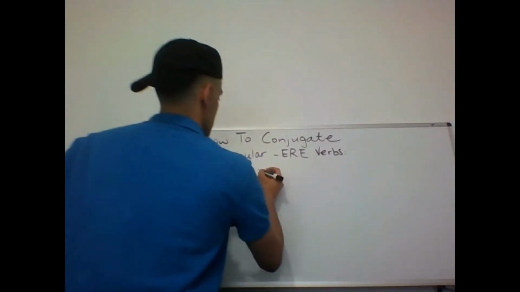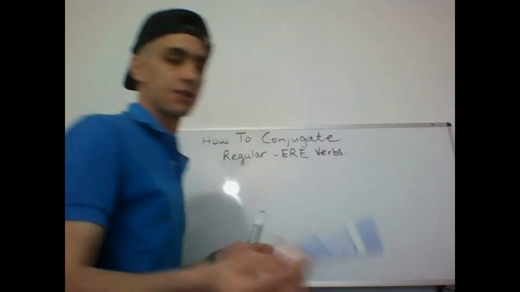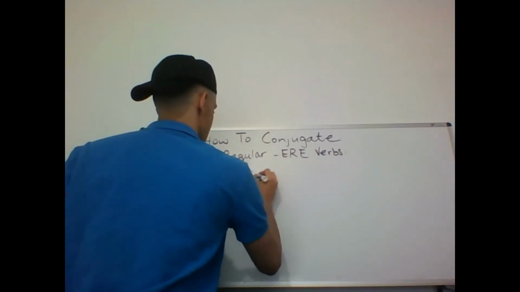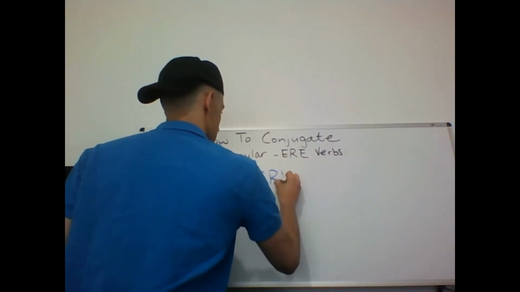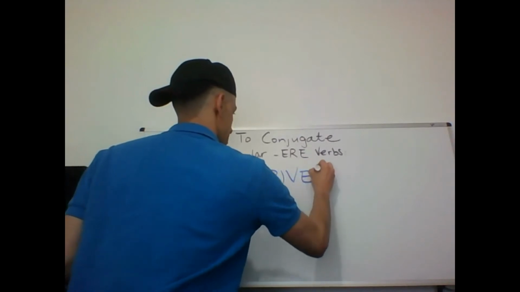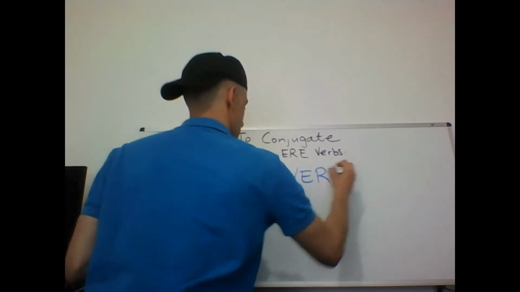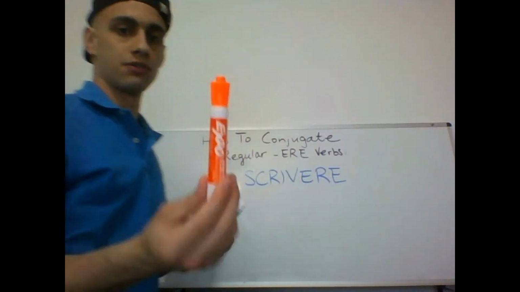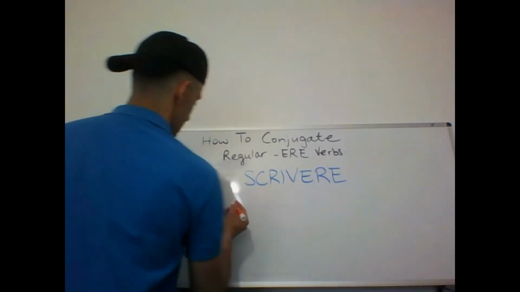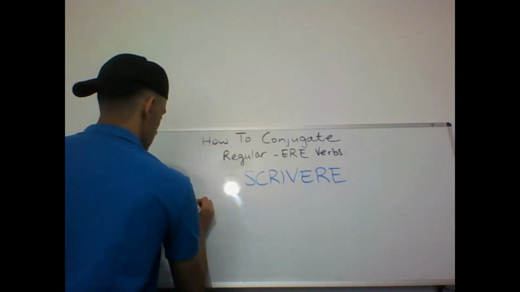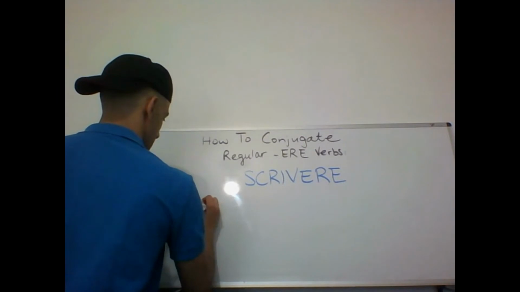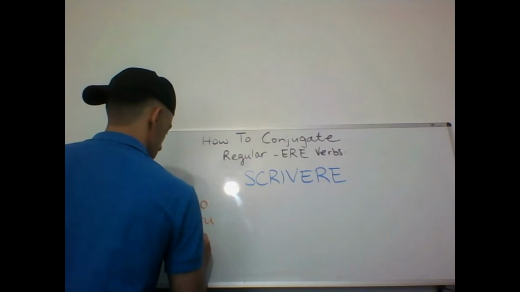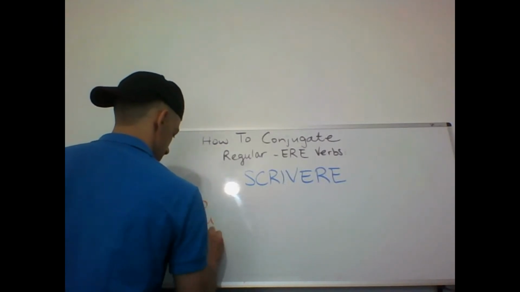Okay. So the verb we have, let me use a different color. I'm going to use blue so it stands out. So the verb again is scrivere. Now in the table, we use orange. The table for io, tu, lui, lei.